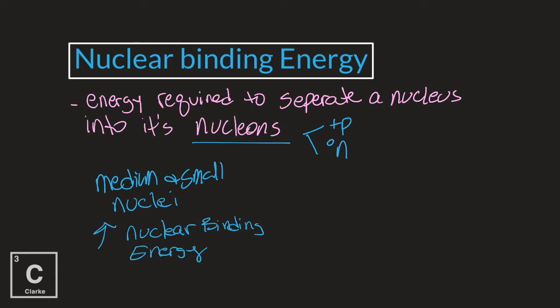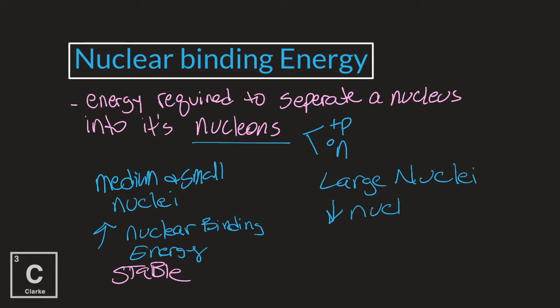And when the nuclear binding energy is high, that means the nucleons are very tightly packed together, meaning they're pretty stable. But when we have large nuclei, since there are so many nucleons in the nucleus, the nuclear binding energy is actually going to be a little bit less. So let's show that. Less nuclear binding energy.